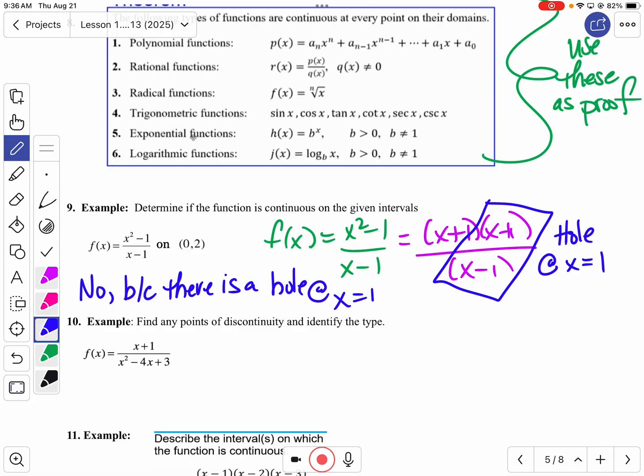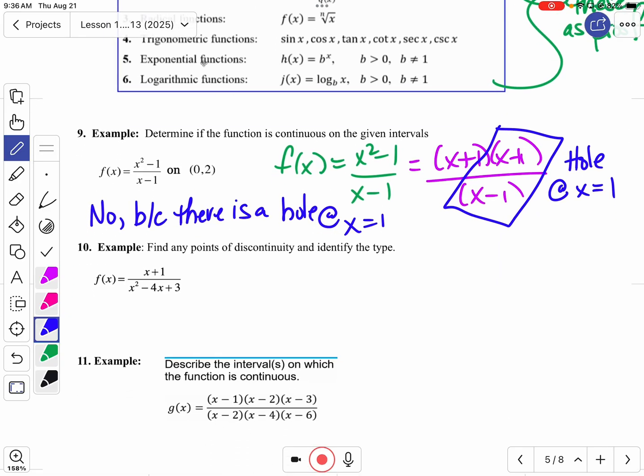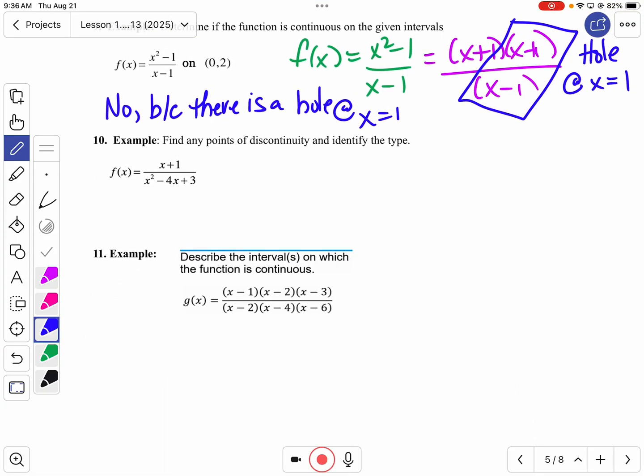All right, let's look at the next one. Find any points of discontinuity and identify the type. What kind of discontinuity would we have? What should I do first? Factor. It's rational. Let's factor. So I have x plus 1 over x minus 3, x minus 1. Do I have any holes on this one? No. But what do I have on this one?